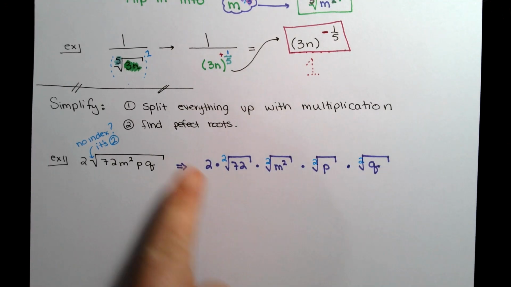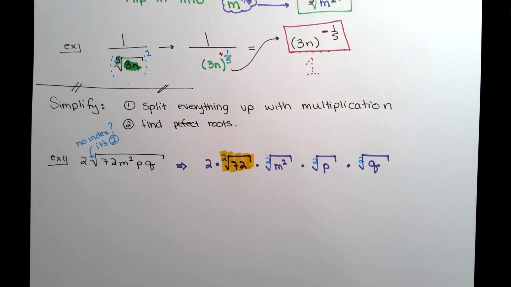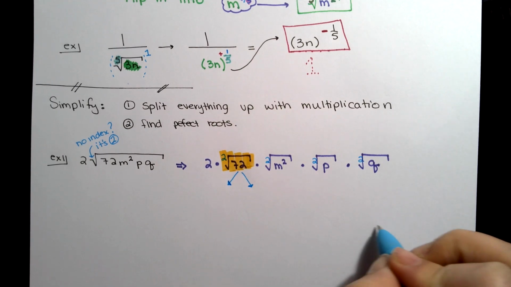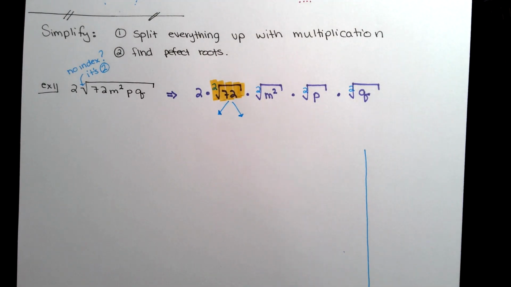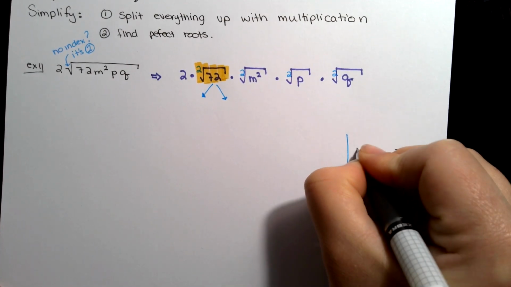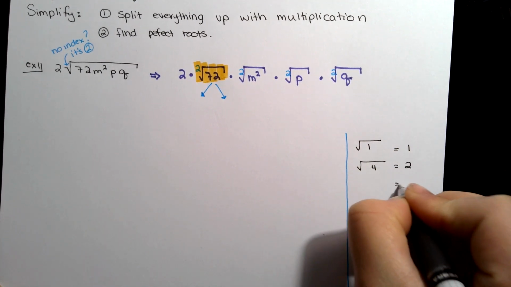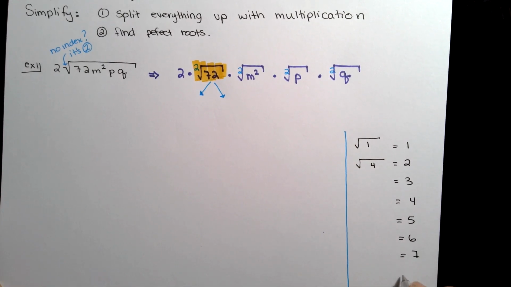Next, you're going to find perfect roots. So let's work on the one with the numbers. And you want to split this up into a perfect root using the largest number we can find. So I usually recommend go ahead and do this off to the side. And you're going to quickly generate up to this number, but not going over this number, your perfect roots. So we have 1 squared is 1, 2 squared is 4, 3, 4, 5, 6, 7, and 8.